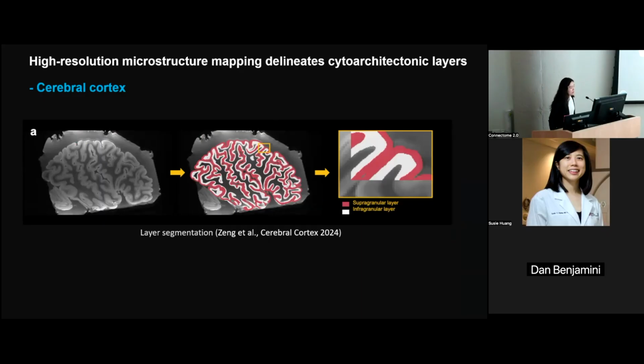We also looked at the cortex, and to help visualize the microstructure variations in the cortex, we applied a layer segmentation method that was previously developed on even higher resolution structural scans from the 7T. So we applied these methods to our mean average b0 images to segment the supragranular and the infragranular layers.